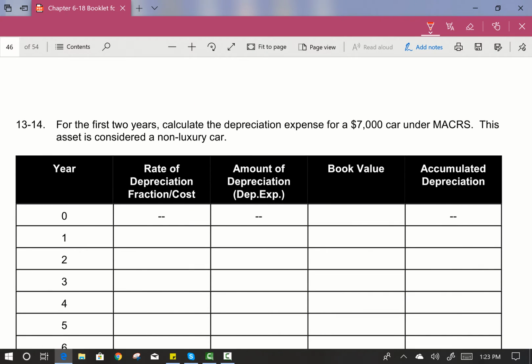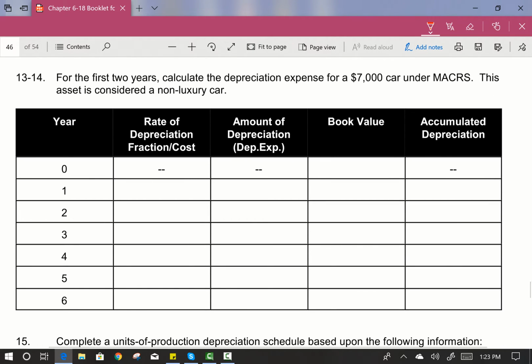Okay, here's number 14. And I don't have a book with me, so I'm going to have a little bit of a problem working on this one. Based upon my depreciation schedule, it only goes to 6 years, so that tells me that I probably have a 5-year cost recovery for a non-luxury car.